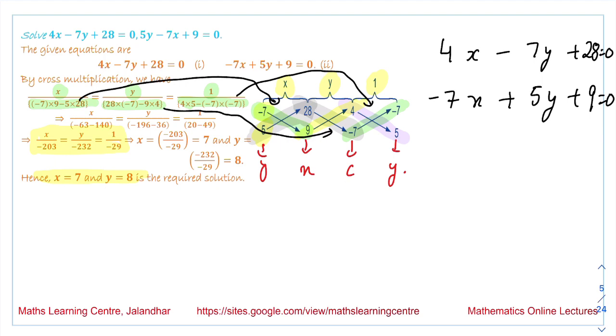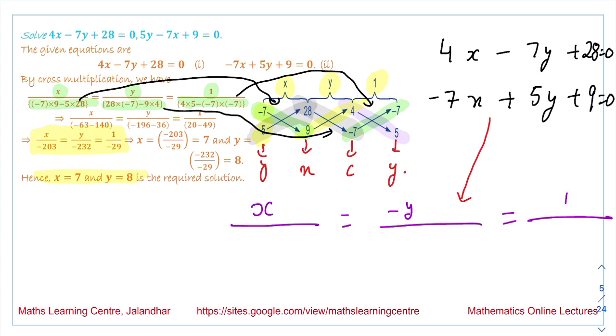The second method we are talking about is how we can write the answer for this. It is x upon, minus y upon, and 1 upon. We need not write the equations in this form, we are directly writing from these equations. So when we are writing the terms corresponding to x, it means we are leaving these two terms.